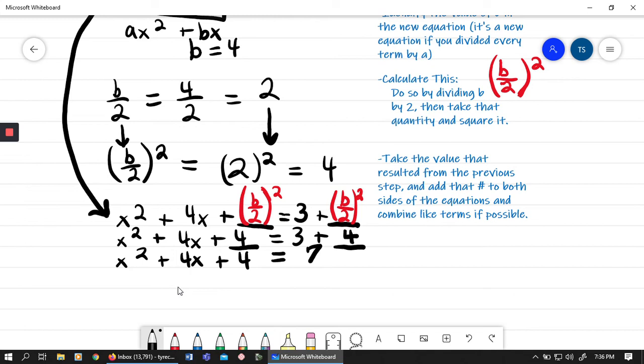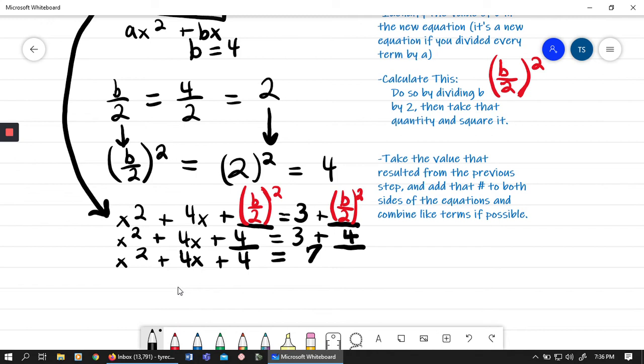If your quadratic trinomial is on the right side, use your imagination. Anyway, we need to rewrite our quadratic trinomial as a perfect square binomial, and there's a specific way that we can do that.